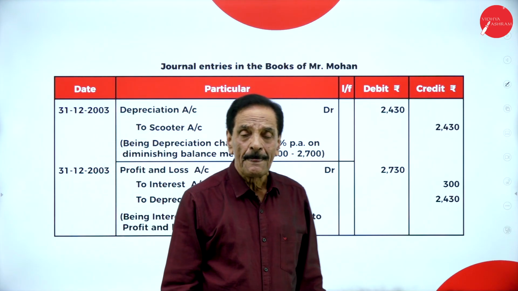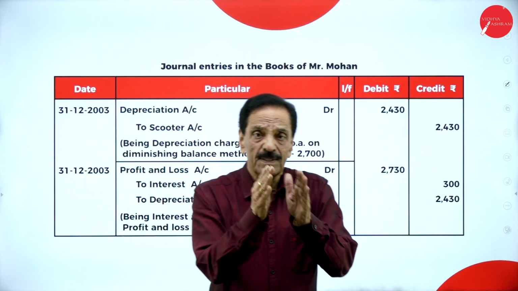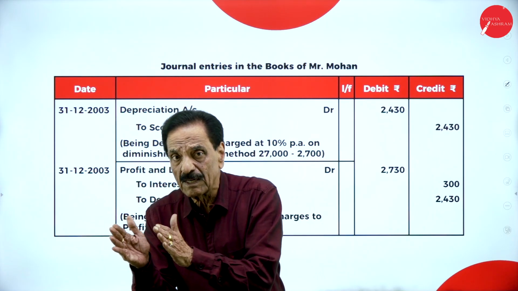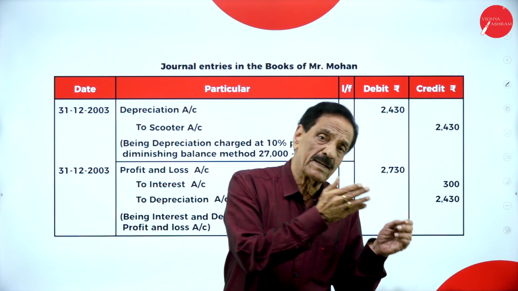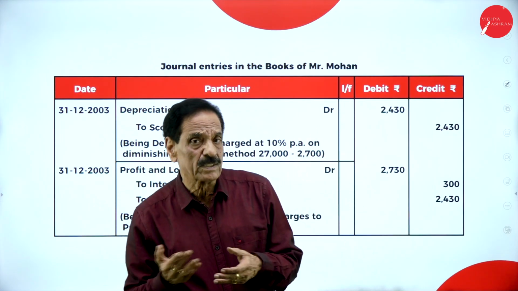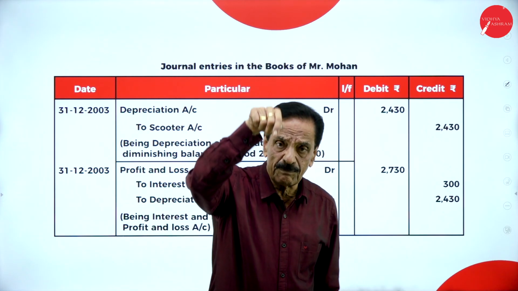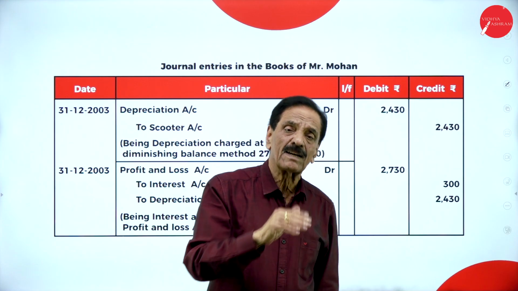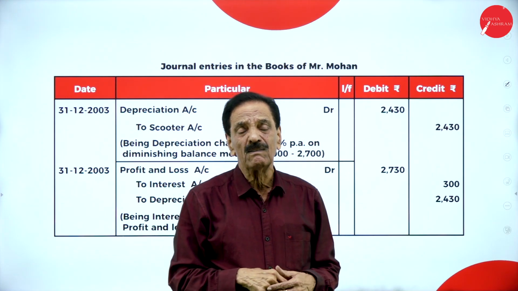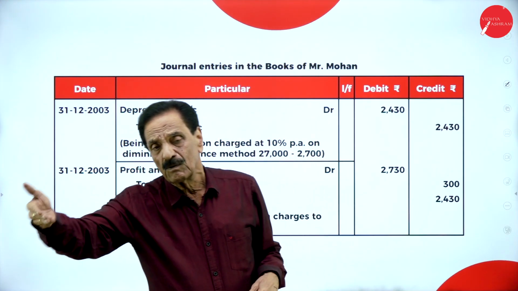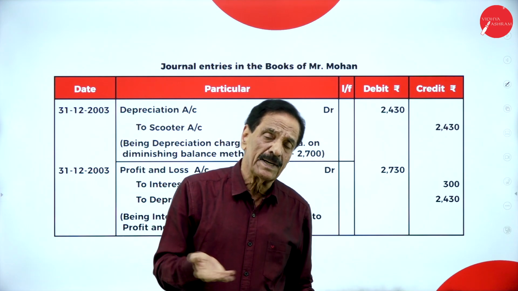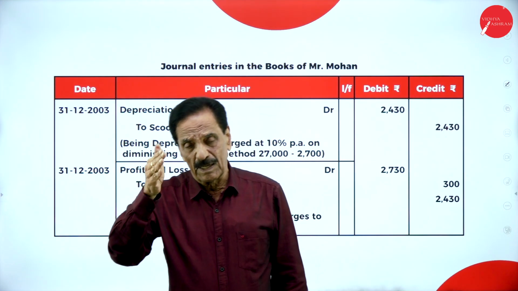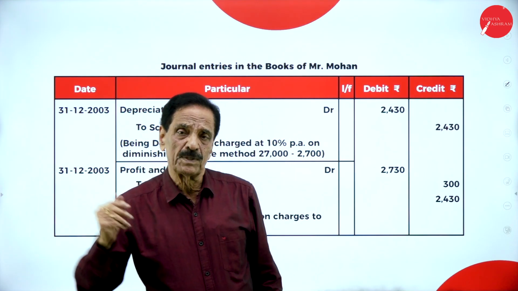Hope you understand what the entries are. Asset account debit to hire seller account debit to bank account or cash account, this is down payment. Interest at the end of the year, interest account debit to hire seller account debit to cash or bank account, then depreciation account debit to asset account, transfer entry, profit and loss account debit to interest account to depreciation account.